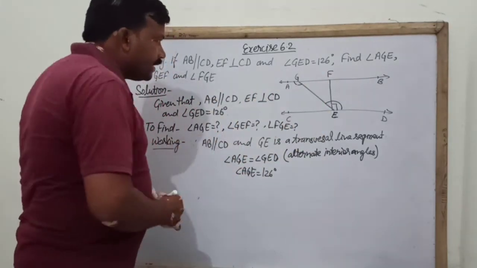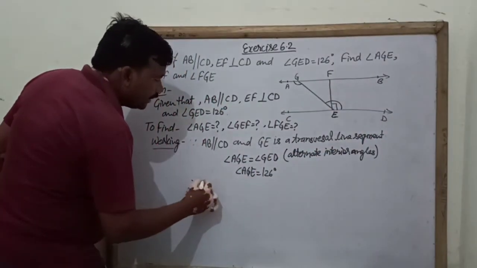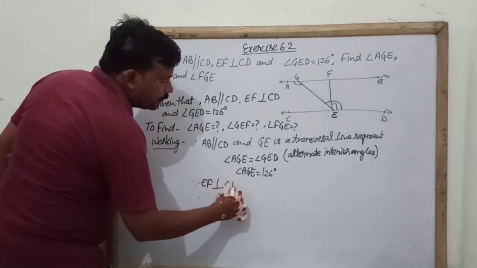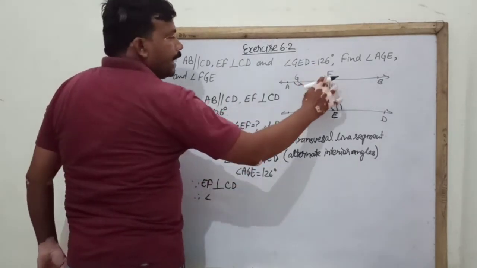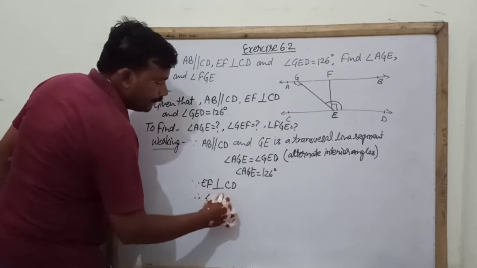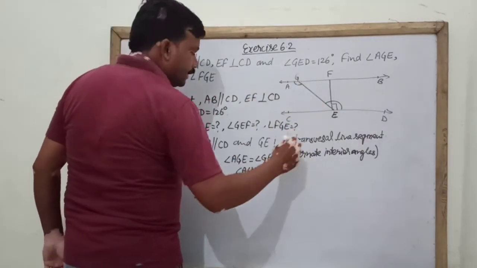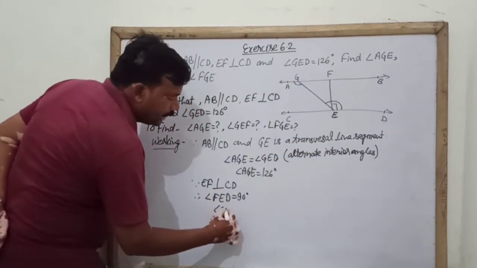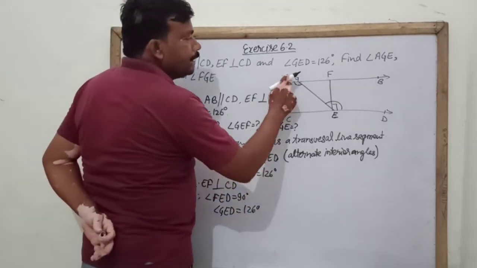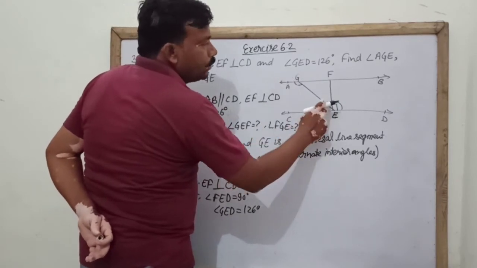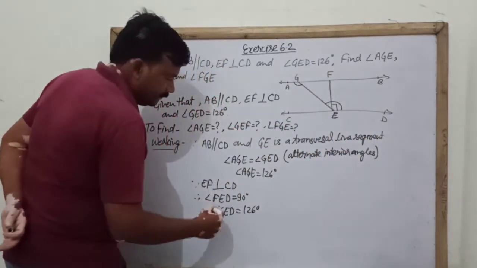Since angle GED equals 126 and EF is perpendicular to CD, angle FED equals 90 degrees. Angle GED can be written as the sum of two adjacent angles, angle GEF and angle FED.